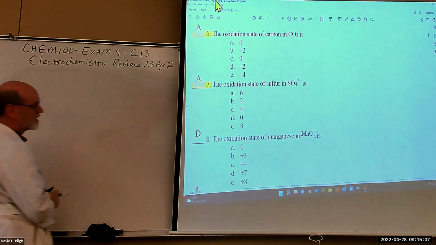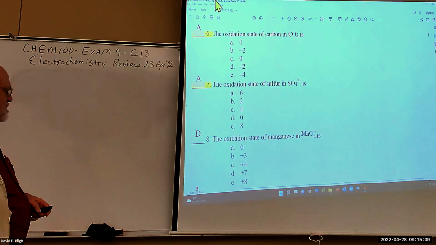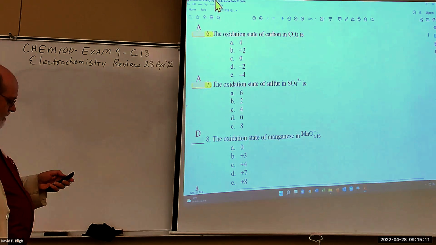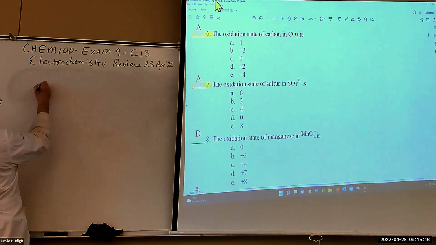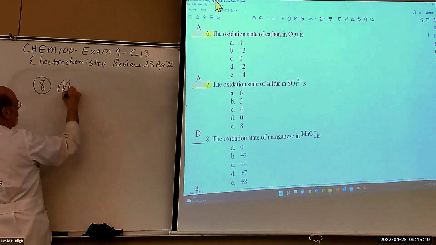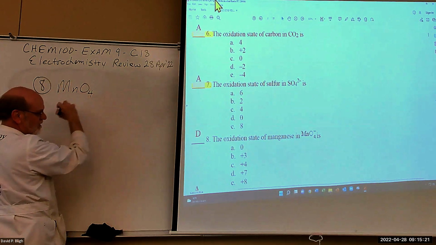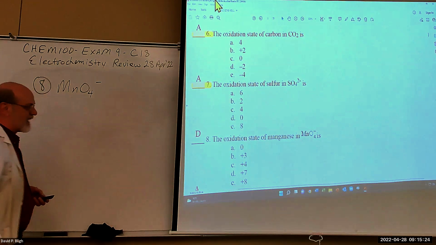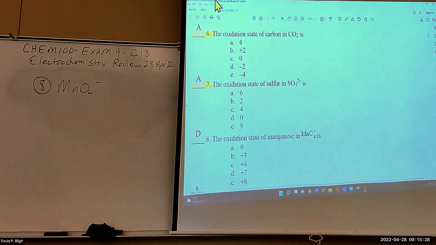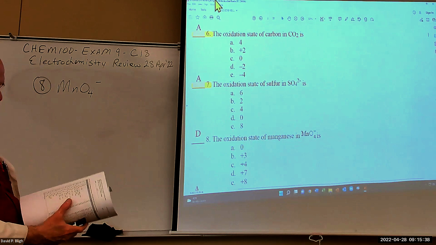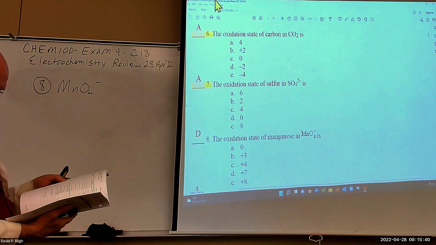How about, oh, we skipped that. Well, we can do it while we're here. It's not marked. This is the manganate. I think that's right. Manganate is -1. I'm going to check that just to be sure. I think it's right. You never know.